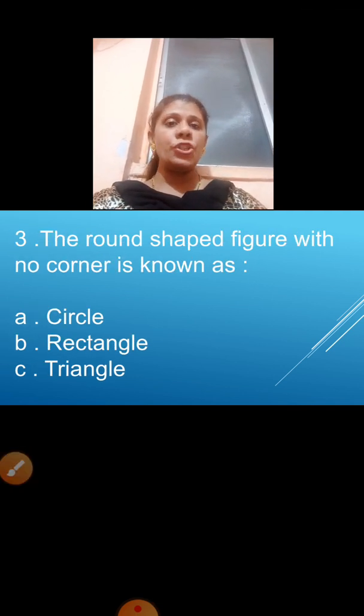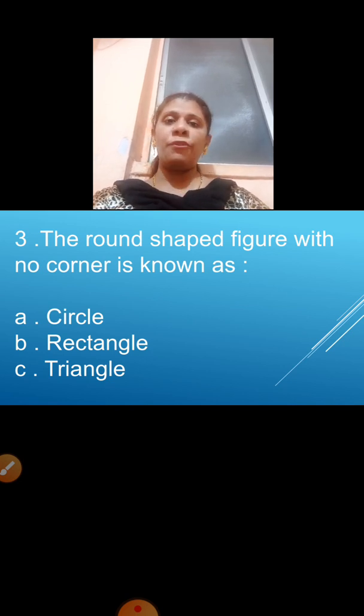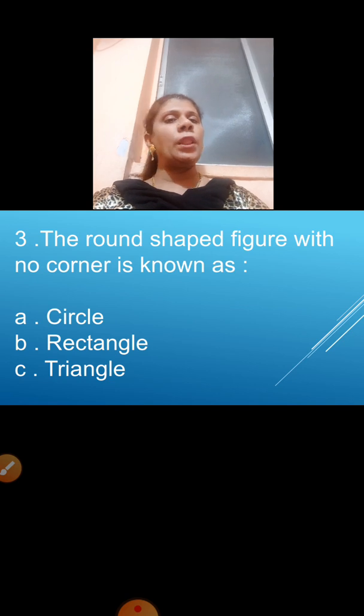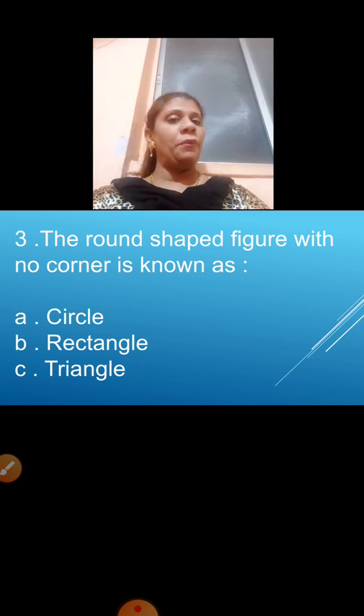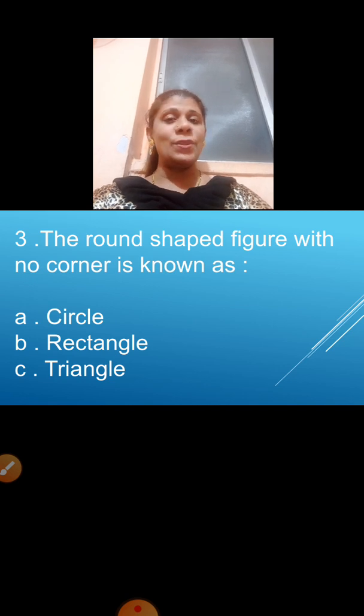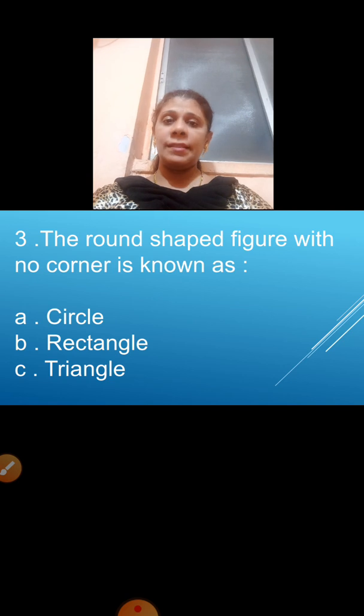The round shaped, question number 3. The round shaped figure with no corner is known as circle, rectangle or triangle.